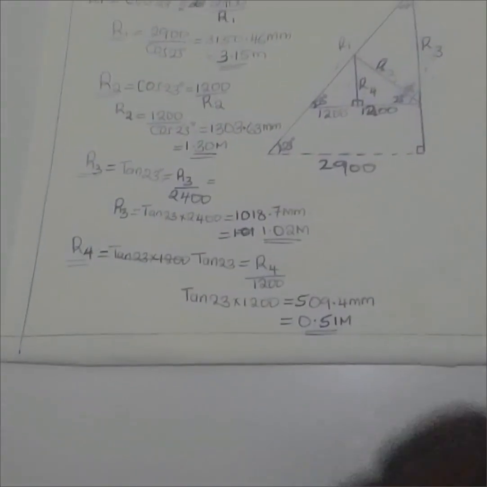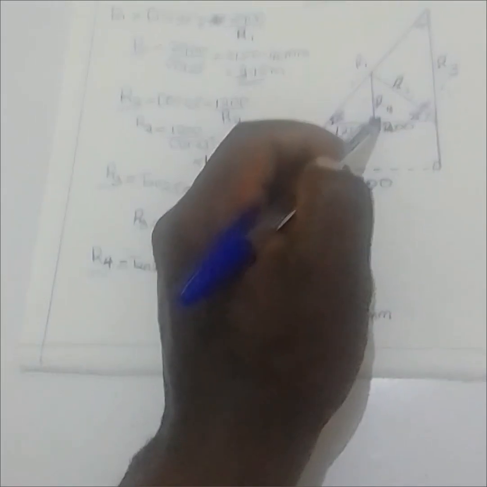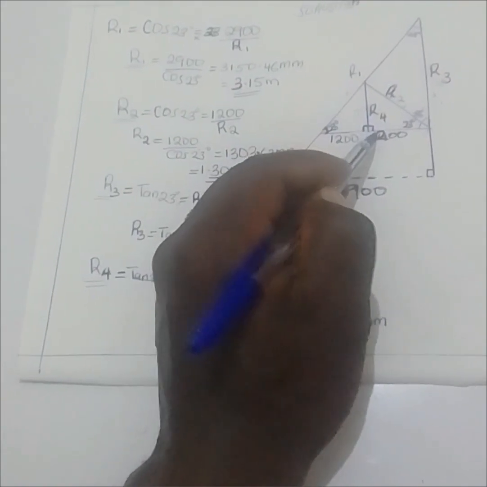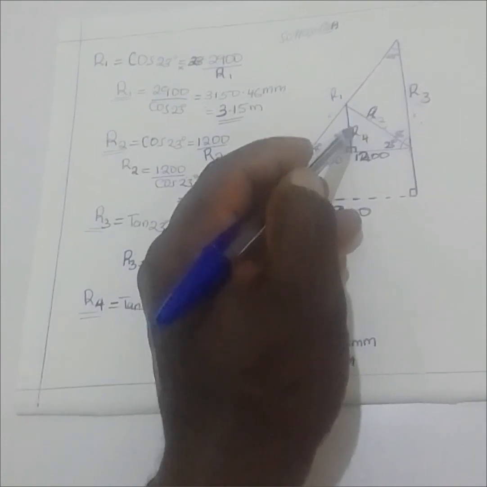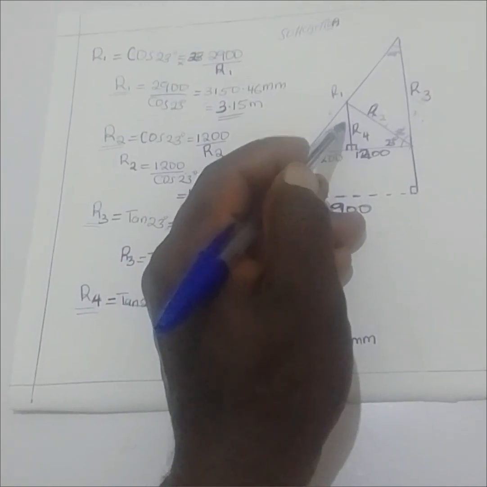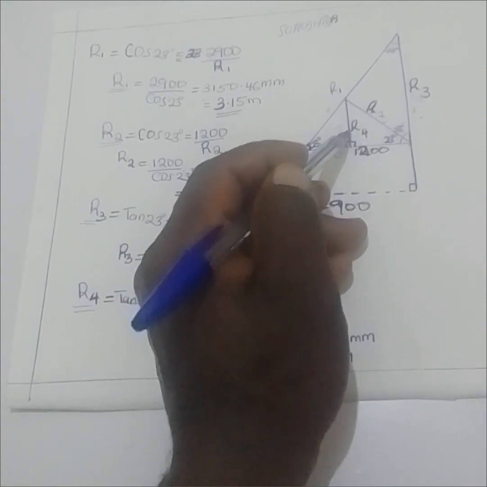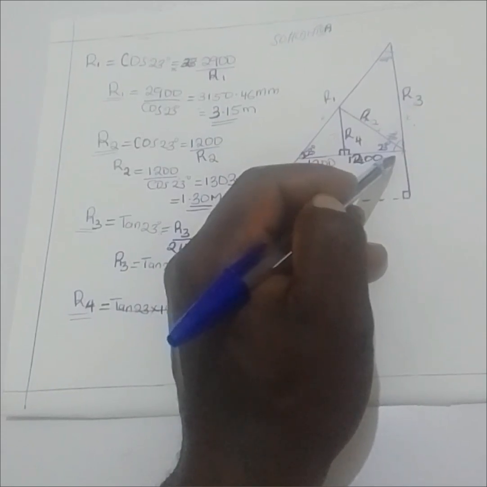Then we come to our last part, which is the tie, R4. For the length of the tie, we have the opposite and the adjacent.